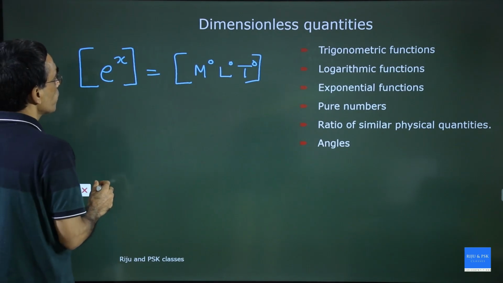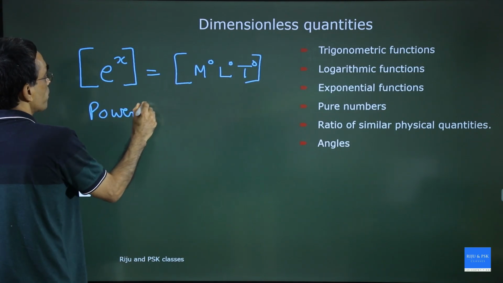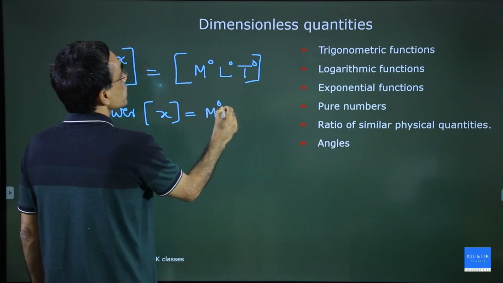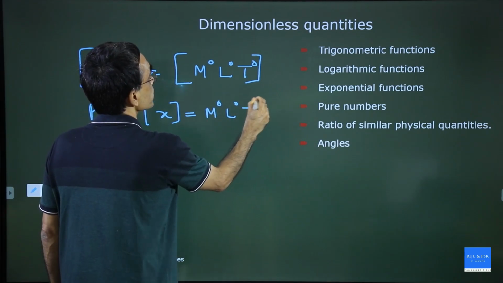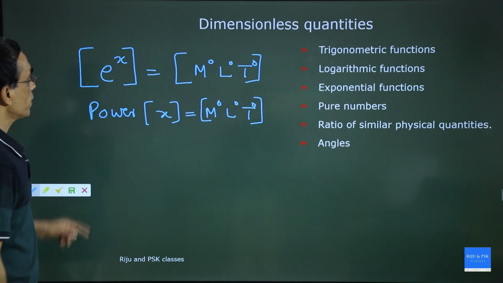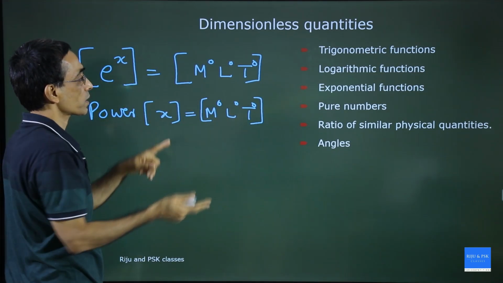More than that, the power of the exponential function, the power x, is again dimensionless. An important term. This whole term is dimensionless and this power is also dimensionless. It should be like that.